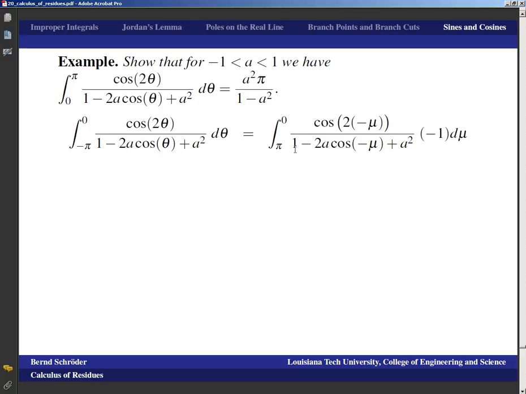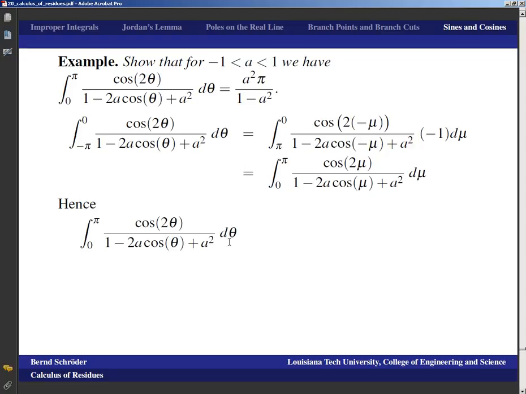And this negative 1 flips the integral, so this is actually the integral from 0 to pi of cosine 2 mu divided by 1 minus 2a cosine mu plus a squared d mu, where of course the negative signs here go away because the cosine is an even function.